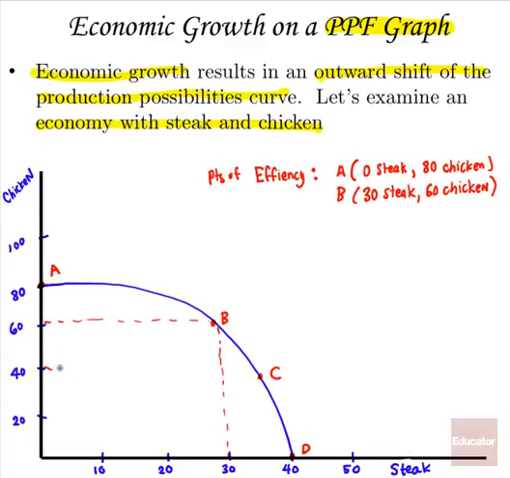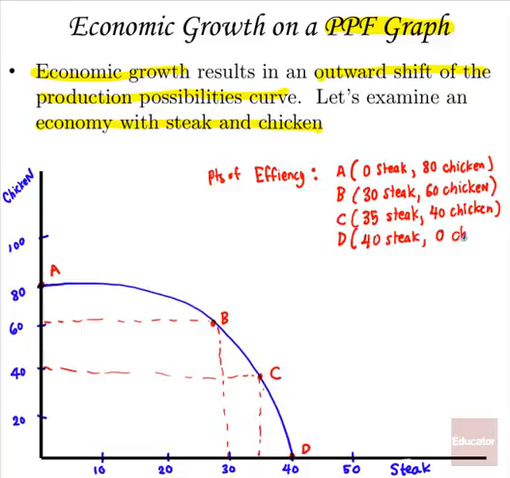And then point C is going to be 35 steak and 40 chicken. And then finally, point D, you have 40 steak and 0 chicken. So you see increasing opportunity cost right here.